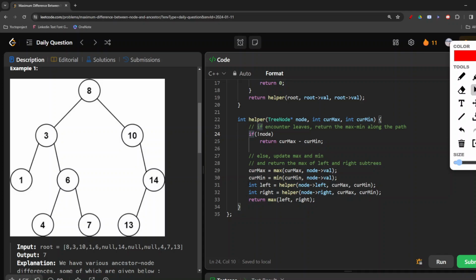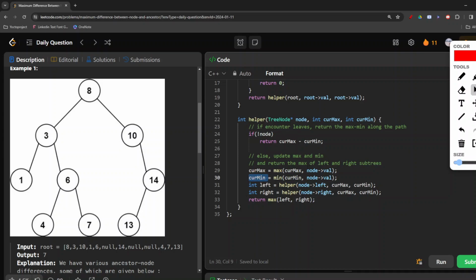So basically, the first thing is how we are figuring out the current max: we are just checking whatever is stored in current max and whatever is the node value, and out of them the maximum would be stored in current max. If the present node value is less than this current min, then it will be stored in this current min.